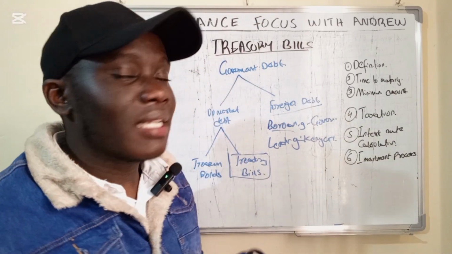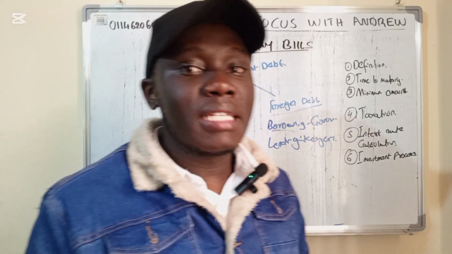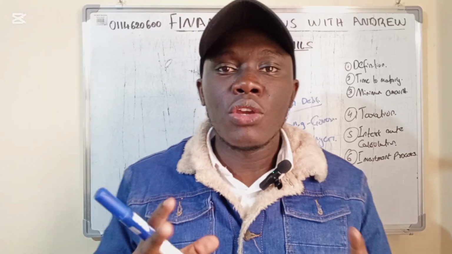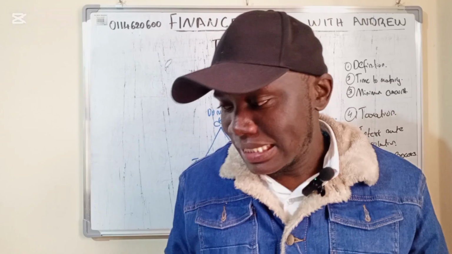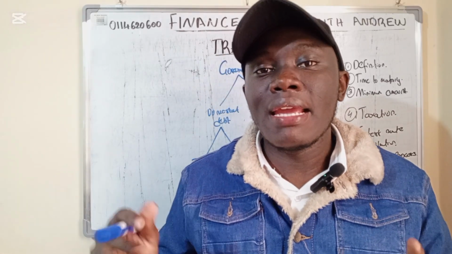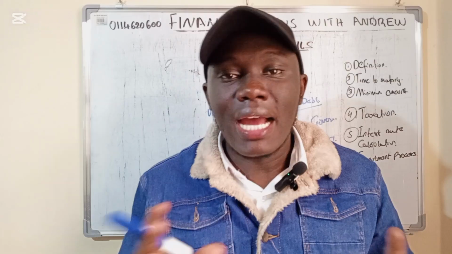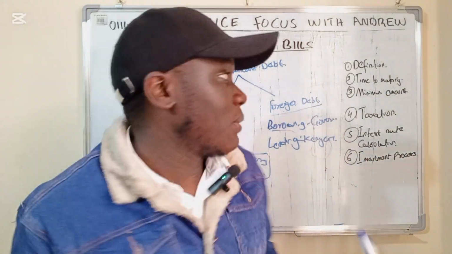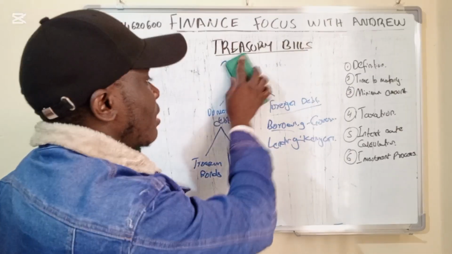But the lender will get a profit in terms of interest, because whenever we talk about a loan, the word interest is not far from there. So you benefit from getting interest by lending the government money on a short-term basis. I hope it is clear what treasury bills are, and we can move to the next thing.